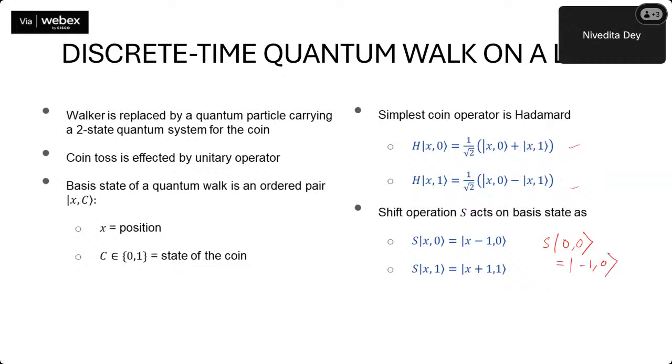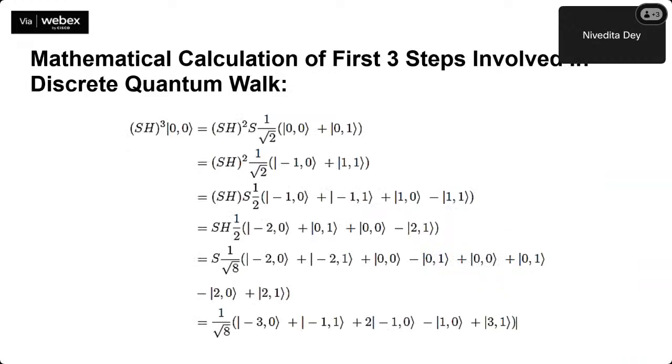X is the position on the number line, so definitely it can be negative. Say for example, if you have 2 comma 1, since you have 1, it will be plus 1, so it will be 3, 1.